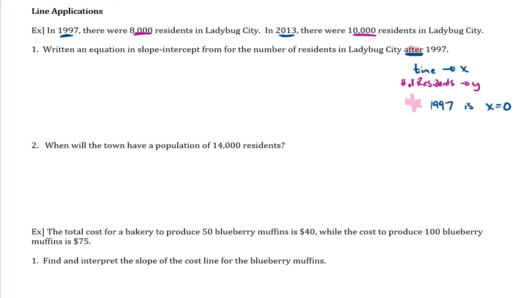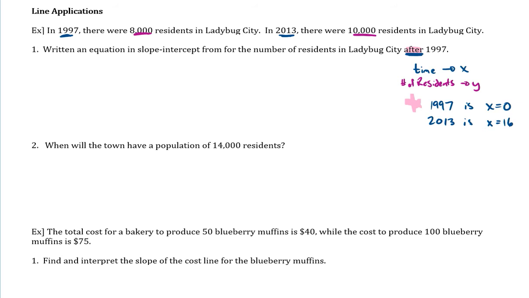So for instance, if 1997, our initial year date, is x equals 0, then that makes it easy to convert 2013. Okay, so 2013, well, it looks like it's 16 years after 1997, so that would be 16 then.